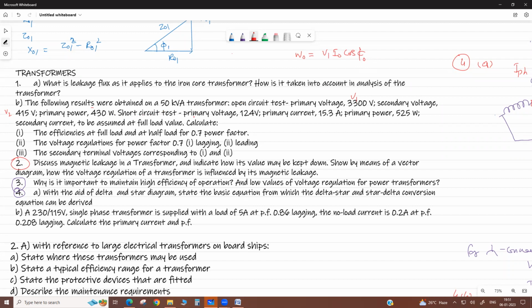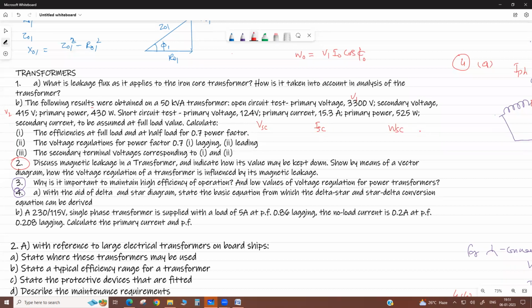Then under short circuit, we apply a reduced voltage. This is your reduced voltage, VSC, the voltage during the short circuit test. Then current flows, and this is the short circuit current, which is measured, and this is the short circuit power.